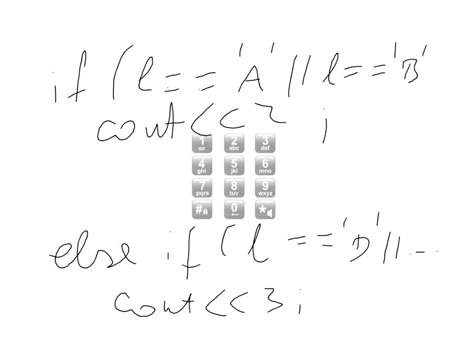Okay, so you can do if, else if, else if, else if with the or Boolean operator, or you can just say case A, B, C, then display 2. Case D, E, F, display 3. It's up to you how you design it, but it's important to really look at the physical layout, in this case the phone buttons, in order to understand how to design your code.